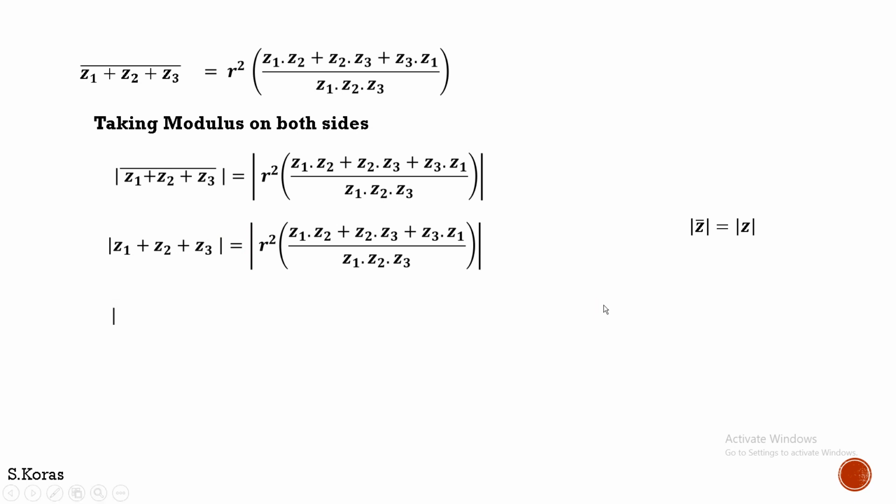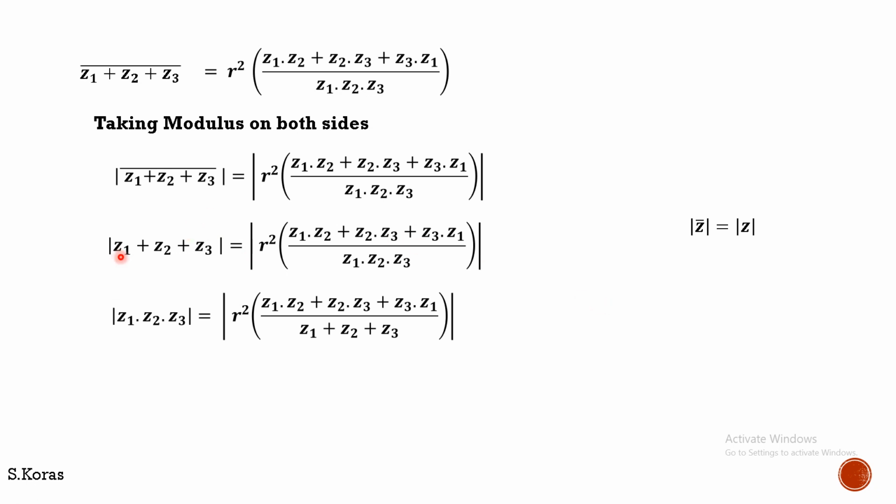Now if you see the next step, if you bring this modulus of z1 plus z2 plus z3 to the right side, it will come to the division part. And if we take this z1 into z2 into z3 to the left side, it will go to the numerator, right? Now what about this modulus?